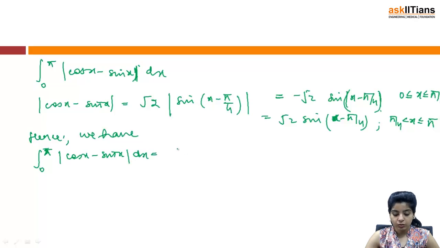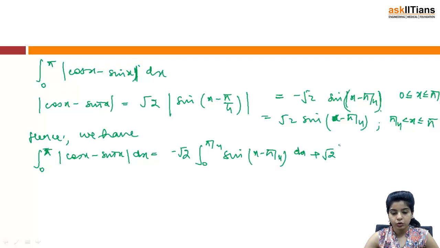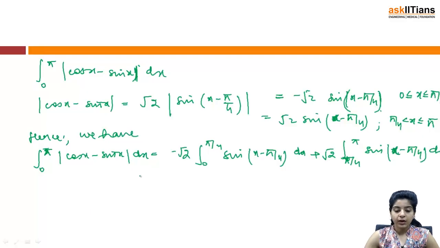This will be equal to minus root 2 integral 0 to pi by 4 sin of (x minus pi by 4) dx, plus root 2 integral pi by 4 to pi sin of (x minus pi by 4) dx, right? So finally now you just need to evaluate this integral.